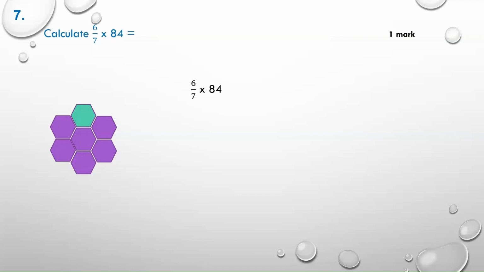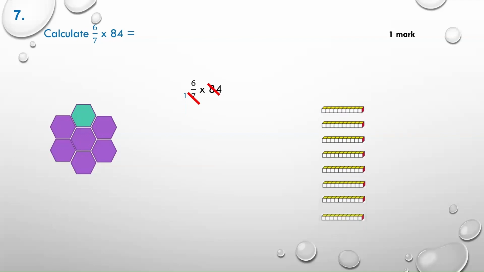So if the whole thing is 84 and I want to get 1/7 of that 84, then 7 into 84, well, we have 8 tens, 1, 2, 3, 4, 5, 6, 7, 8 tens, and we have 1, 2, 3, 4 ones. And if I have 8 tens, can I get a group of 7 made, and so forth?